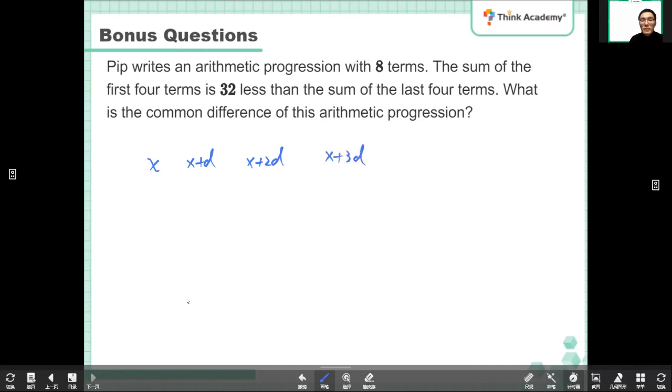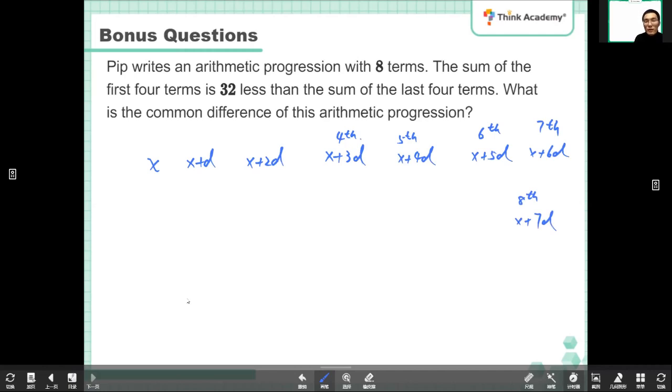The 5th term will be x plus 4d, the 6th term x plus 5d, the 7th x plus 6d, and finally the 8th term is x plus 7d.